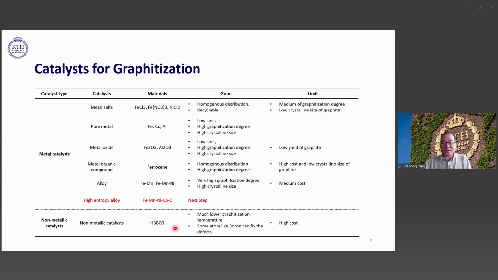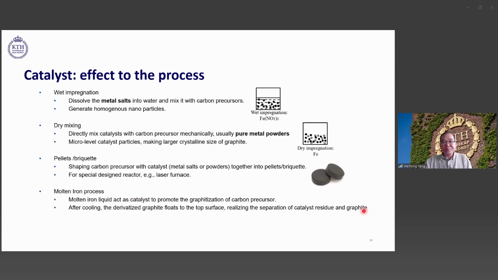It will need more time. So when we have the catalyst and carbon together, the next step is how we can mix the catalyst and the carbon together, which depends on which kind of technology and which kind of catalyst you use.